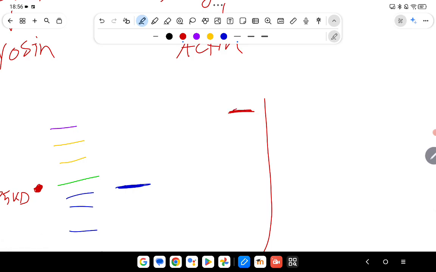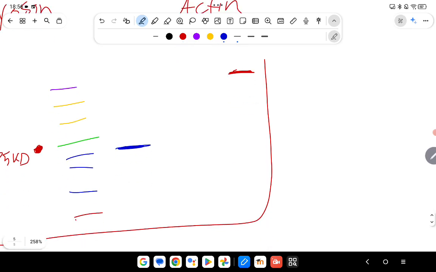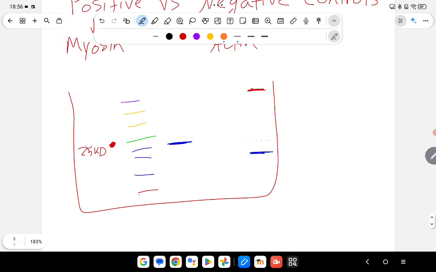So what we wanted to see was that a myosin band show up, but not an actin band. We don't want to see that actin. Actually, let's draw it more like this. Here's our myosin band. Actin should be lighter, so maybe right here.